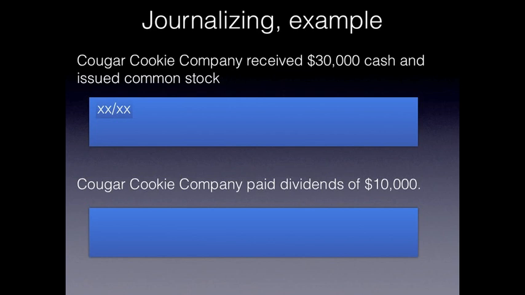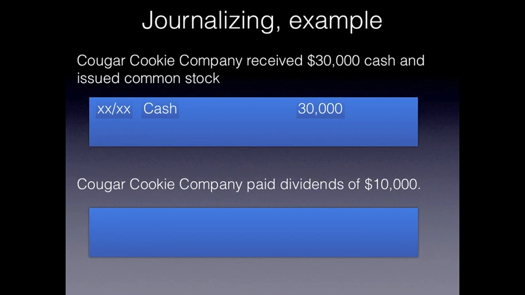Then we have to apply our rules of debits and credits. If cash goes up, our rule tells us that cash goes up with a debit because cash is an asset. So cash will be listed first because that's our debited account, and of course the dollar amount. And then we have to find the other accounts that are affected. In this case, there's only one, and it's common stock.